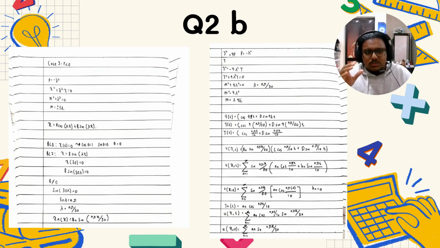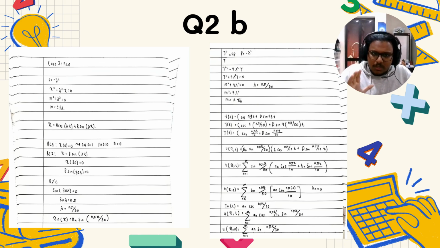And because the roots are purely imaginary, the general solution for our spatial function takes a trigonometric form, which is X(x) = a cos(lambda x) + b sin(lambda x).